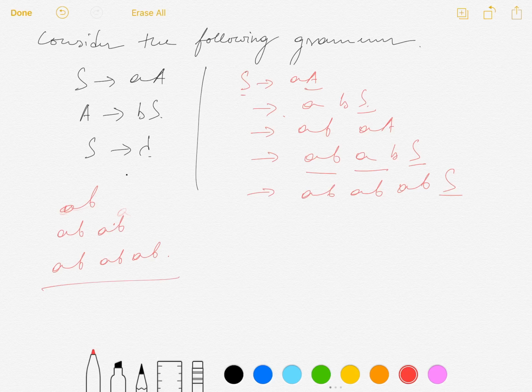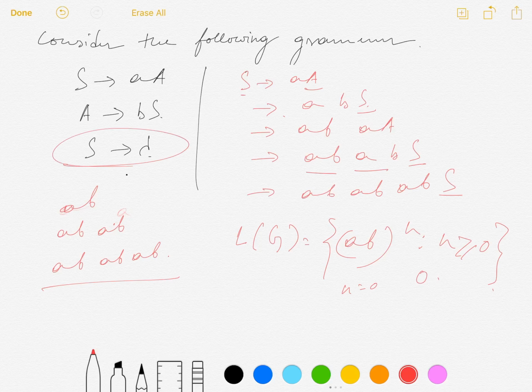So, can I say in general form the language must be L(G) equal to (A B) whole n, where n greater than or equal to 0. Now, how can I get the null string? If I put n equal to 0, I must get zero repetitions. In that case, instead of replacing this S with A, I must replace this S with lambda, and I will get the null string.